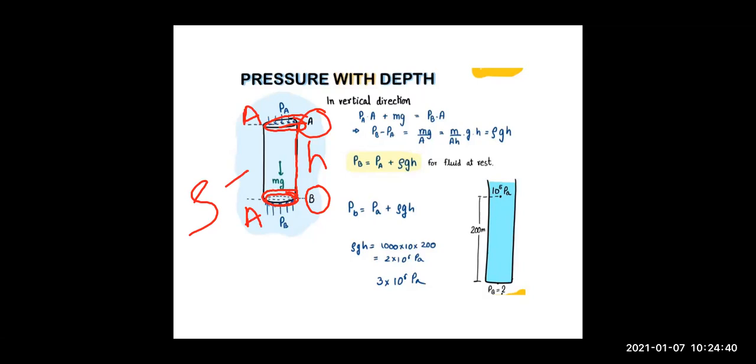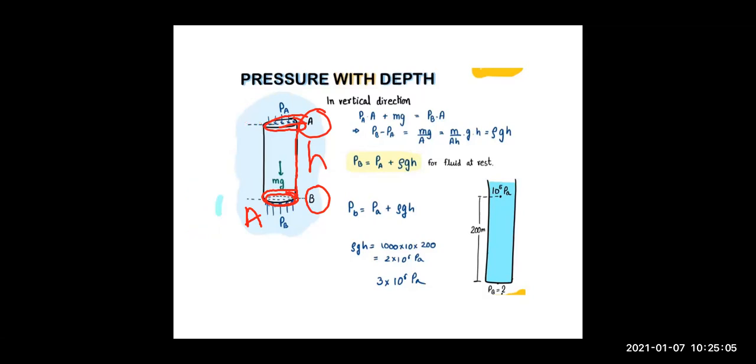The height of the cylindrical water element is h. The area of the base of the cylindrical water element is A, and the density of the liquid is rho. Now, as the liquid is at rest, so children, we will say that the downward force will be equal to the upward force, right?